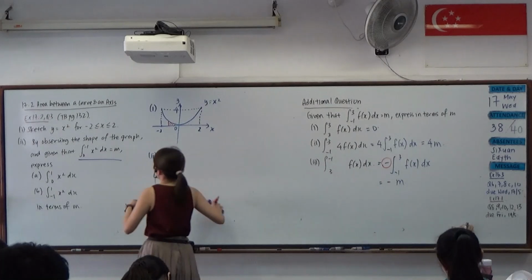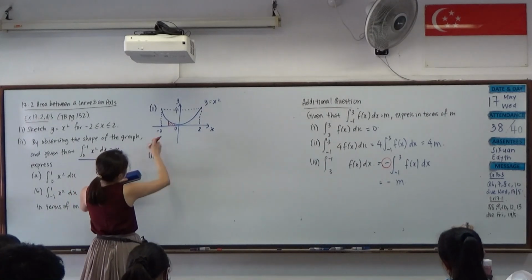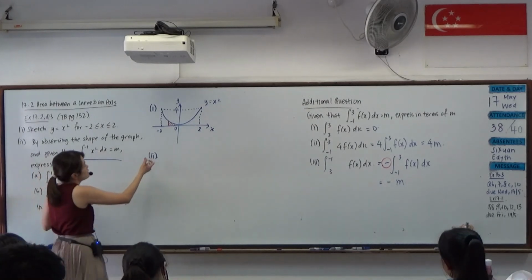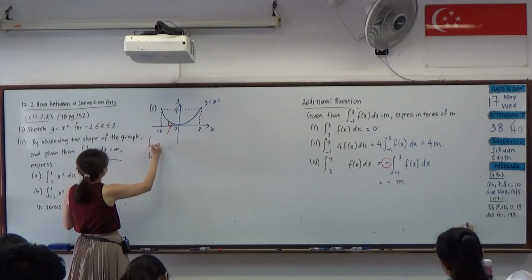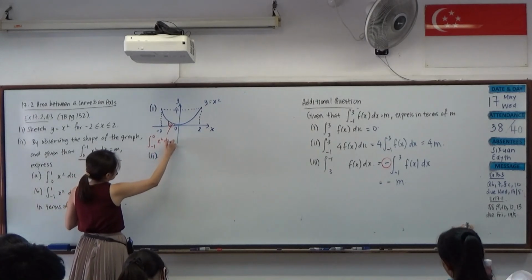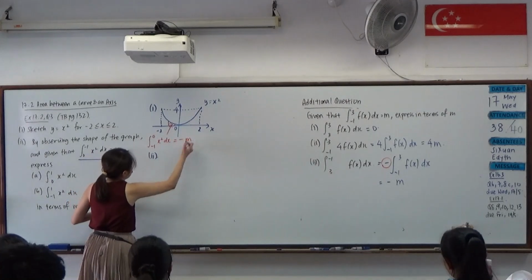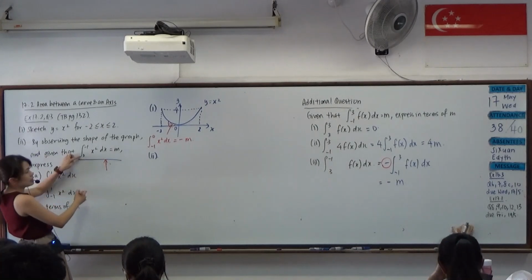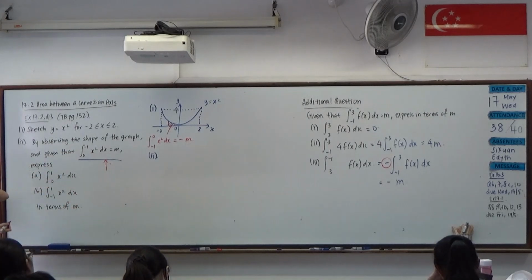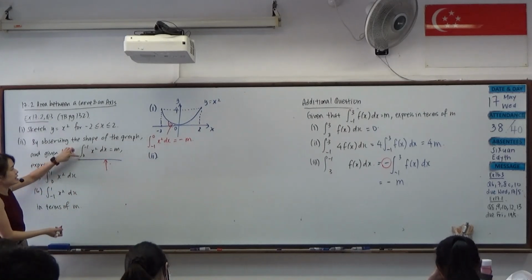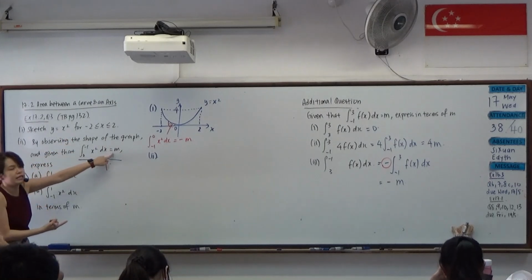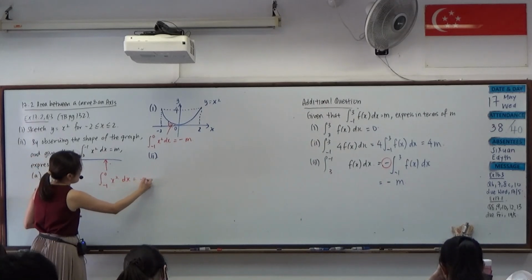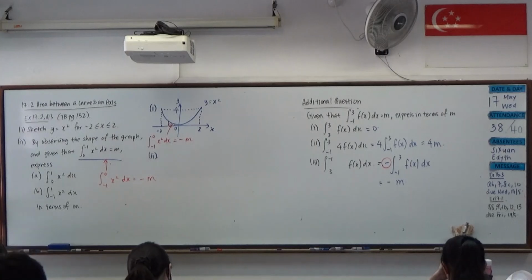Integrating from 0 to negative 1, it is equals to m, which is somewhat over here, just that this one is 0 to negative 1 and not negative 1 to 0. So this area will be the integral from negative 1 to 0 of x squared dx. It will be equals to negative m. Why? Because for this one here, it is from 0 to negative 1. Lower boundary should actually be smaller in value. If it is the other way round, and it is given to be m, that means that if I need to switch the boundaries, I need to apply my negative sign to get negative m, right?